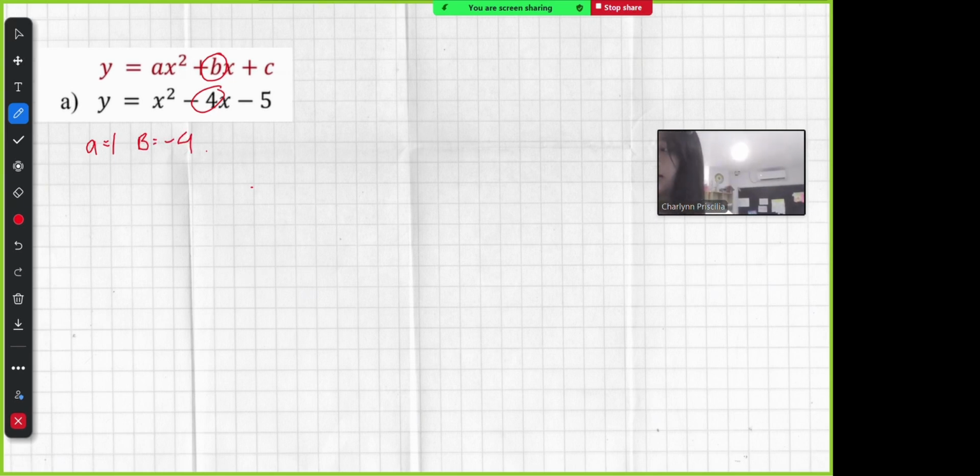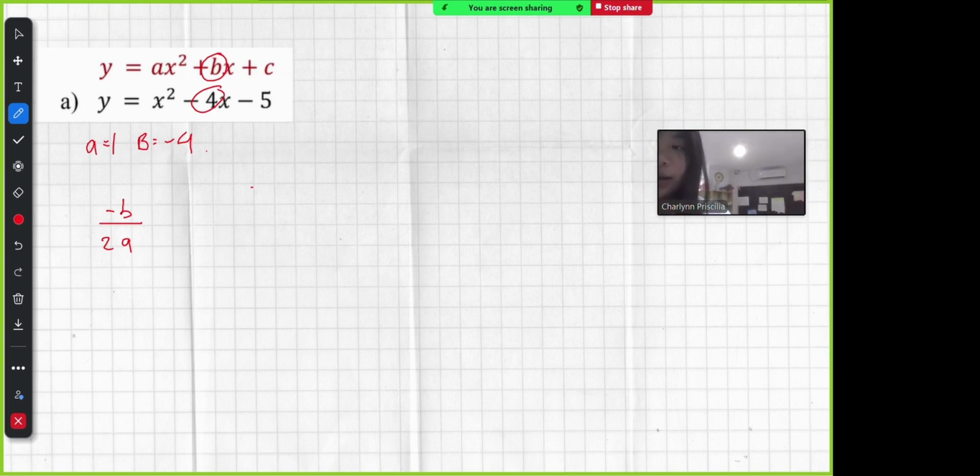The second step is to find the axis of symmetry. The axis of symmetry is basically a vertical line that divides the parabola. The formula of the axis of symmetry is negative b over 2a.